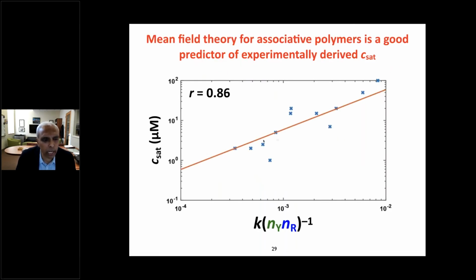And if you now go back and quantify the measured saturation concentrations against this parameter that quantifies the impact of the valence of the stickers, you see a pretty remarkable linear correlation, indicative of the fact that to 0th order, the determinant of the driving forces for phase separation in these FUS-like proteins is really just the number of tyrosines and the number of arginines.